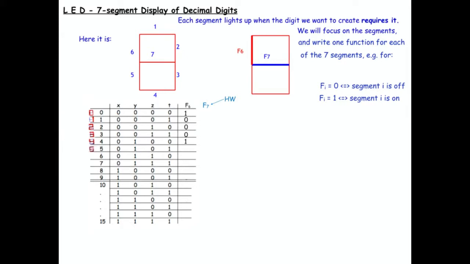For 5, yep, should be 1. For 6, should be 1 again. How about 7? For 7, should it be 1 or 0? 0. 0, yeah, because 7 doesn't require that LED. And for 8, we need all of them, including 6, so it should be 1. For 9, also we need the 6, and so on. And we're done here, right?